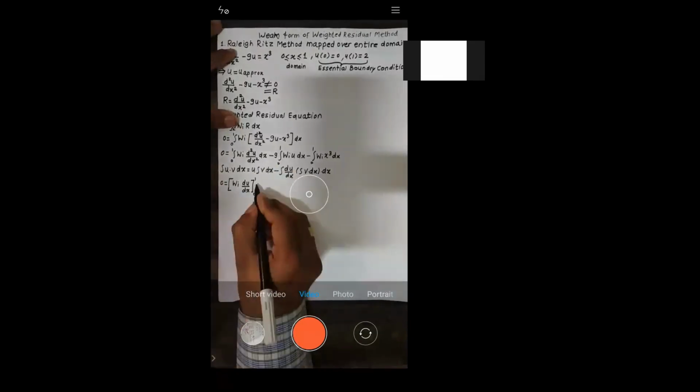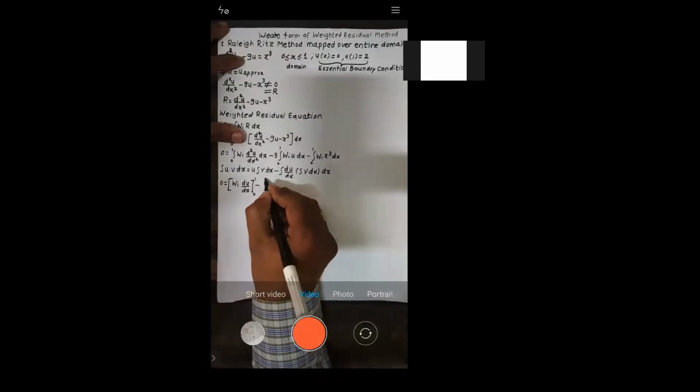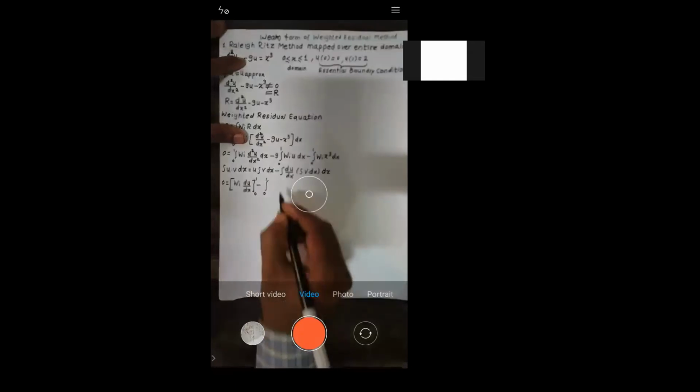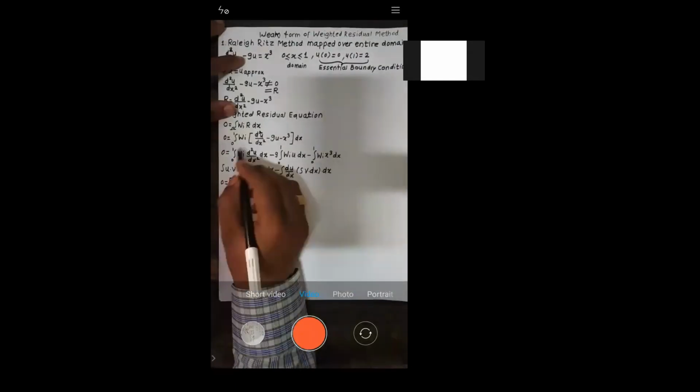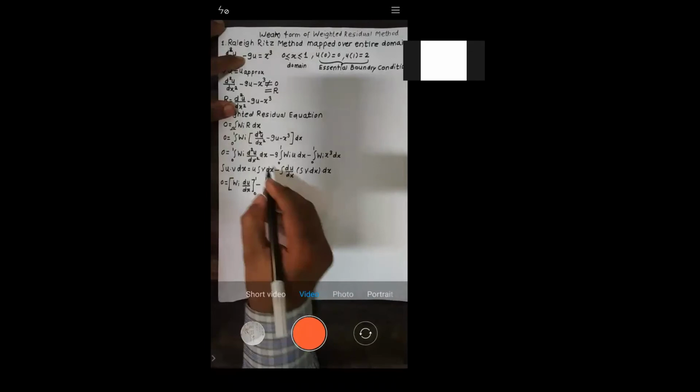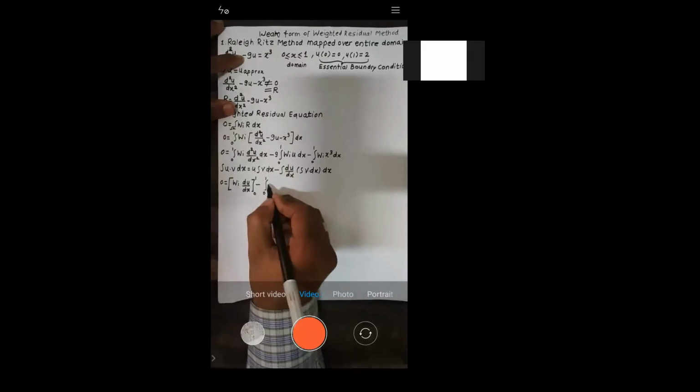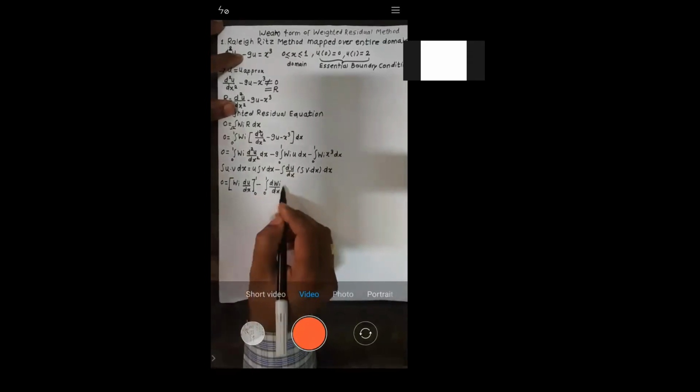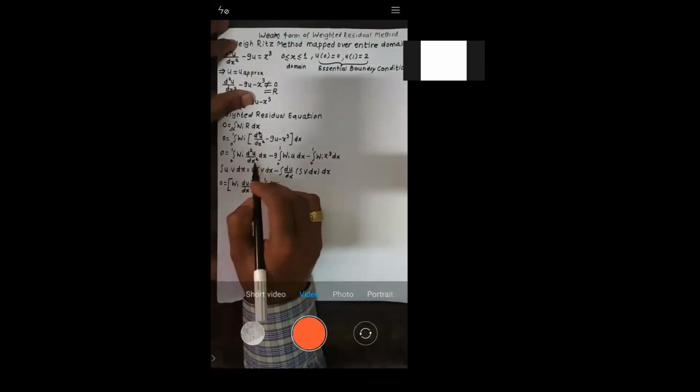Minus integration 0 to 1 derivative of first. What is the derivative of first? Derivative of this one, that is dwi by dx. Is it okay? What is the derivative of wi? That is dwi by dx, right? Into integration of second, which is du by dx, into dx.